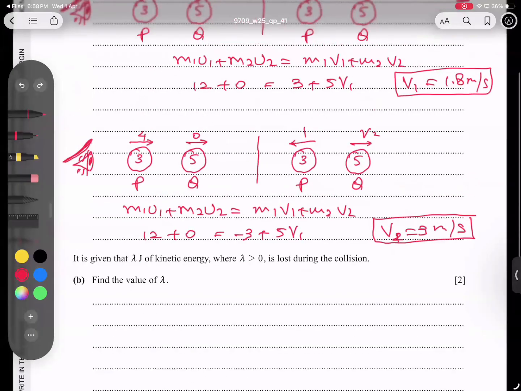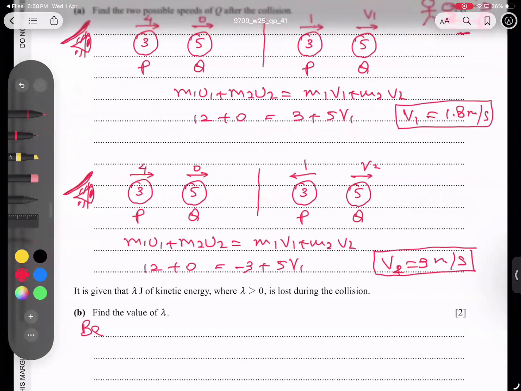Before collision, what is the kinetic energy? Half mv squared. Because Q has no motion, it is only due to particle P: half times 3 times 16, which gives 24 joules. So that is before collision.